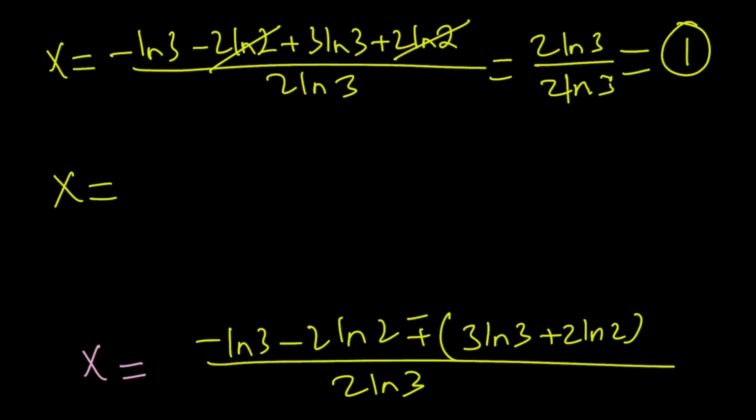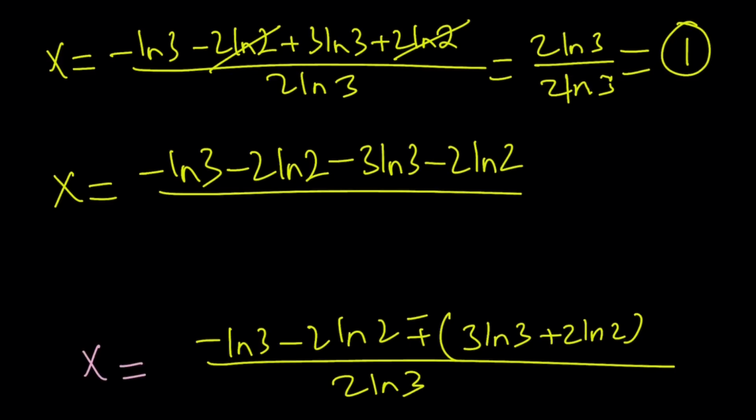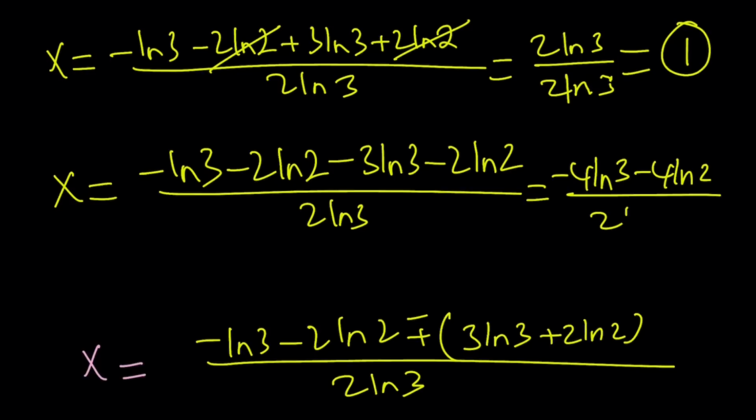The other one is going to come from the minus sign: negative ln 3 minus 2 ln 2 minus 3 ln 3 minus 2 ln 2, divided by 2 ln 3. And that is going to be minus 4 ln 3 minus 4 ln 2, divided by 2 ln 3.